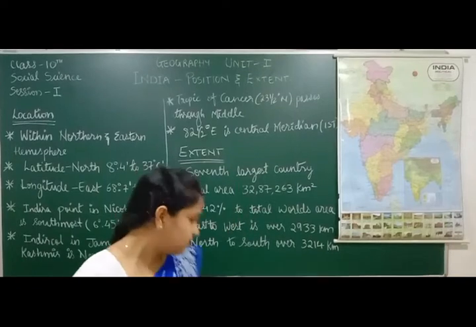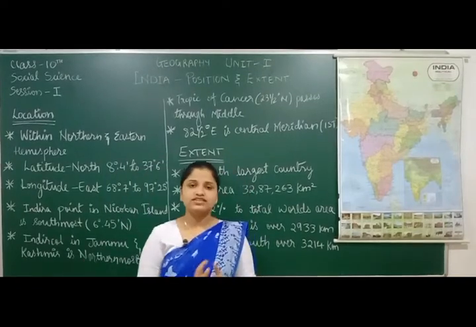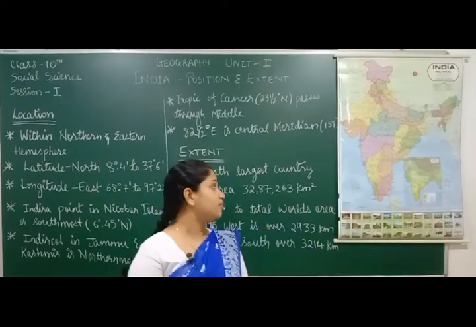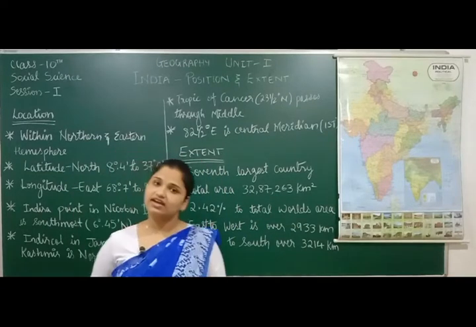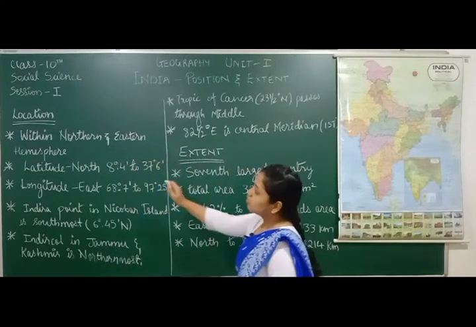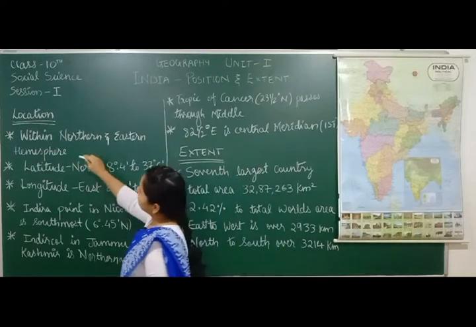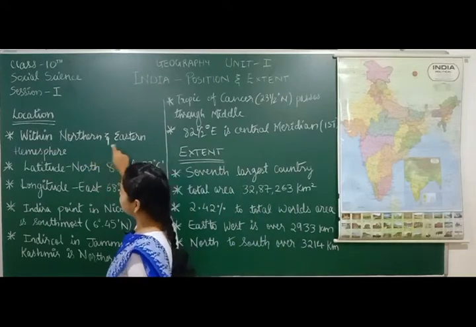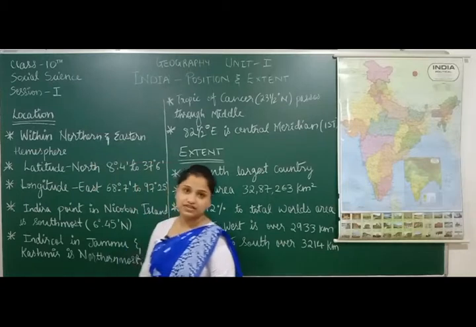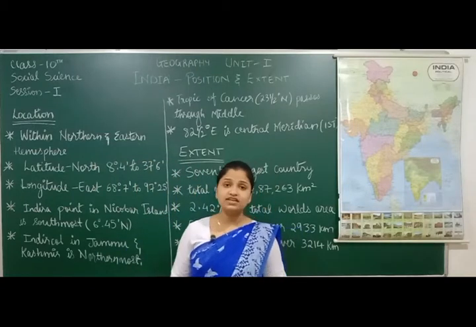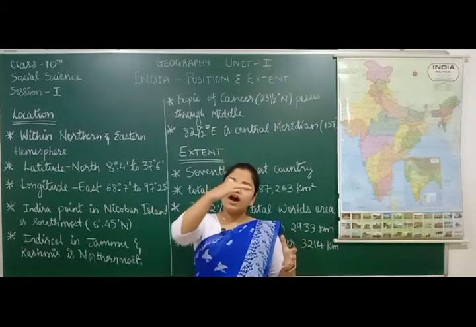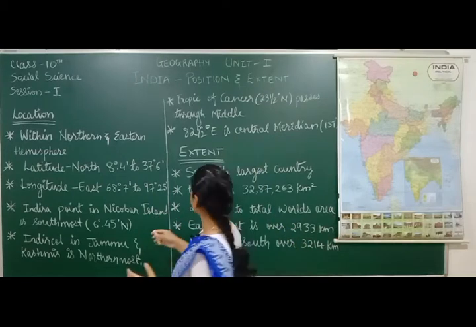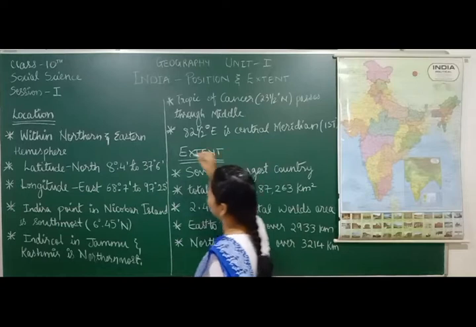Okay. So now in this lesson we are going to learn properly about the extent and location of our country, India. As I showed you on the globe, India lies in the northern and eastern hemisphere. I told you what a hemisphere is, right? The whole globe or the whole earth is divided into half circles. Let me draw the earth here for you.